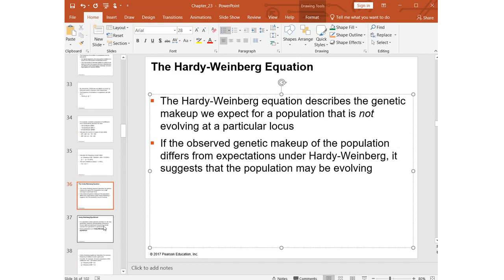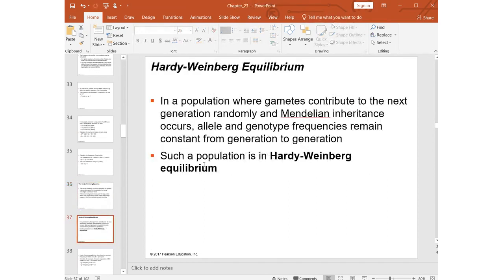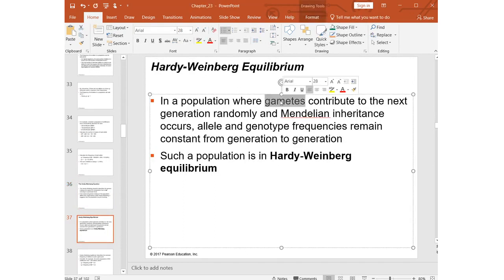But let's look at some examples here. In a population where gametes contribute to the next generation randomly, and Mendelian inheritance occurs, along a simple Punnett square, allele and genotype frequencies remain constant from generation to generation. And such a population is in Hardy-Weinberg equilibrium.